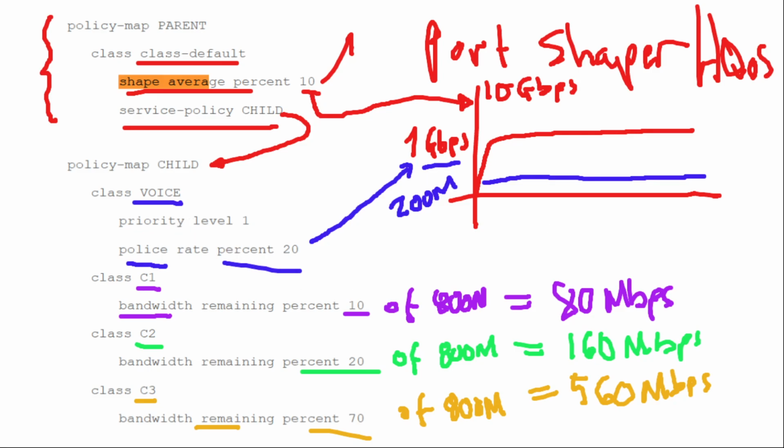Remember that the queue, in this case, the queue assigned to voice is a priority queue, and I am reserving 20% of 1 gigabit per second for this priority queue. So I have 800 megabit per second here for everything else. And this is the 800 megabit per second that I am using for these calculations here.